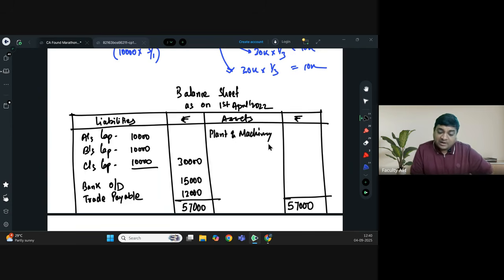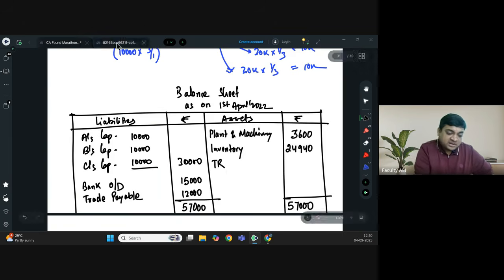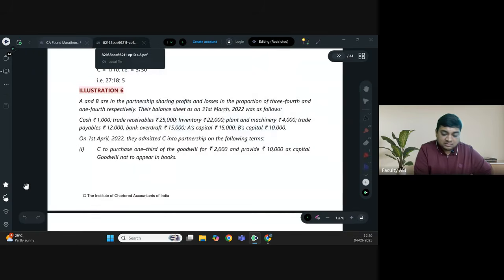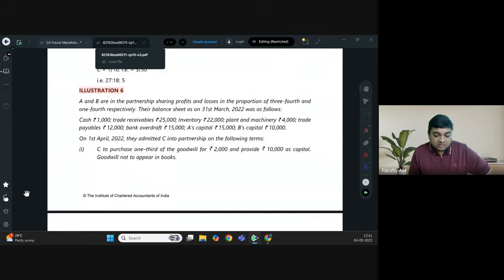Now, plant and machinery, the new value is 3,600. Right? Inventory 24,940. How much is trade receivable? 25,000 minus 500.